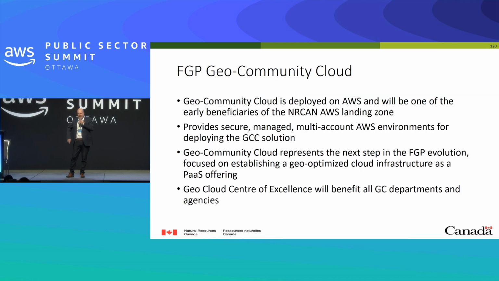In terms of the Geo-Community Cloud, this is a key strategic project that I've been the lead on now for 2 years, and the initiative here is essentially that we want to be in a position to offer cloud-oriented services, technologies, and tools that are well aligned with the geospatial community's needs, and we believe that the cloud is the right place to achieve this goal.